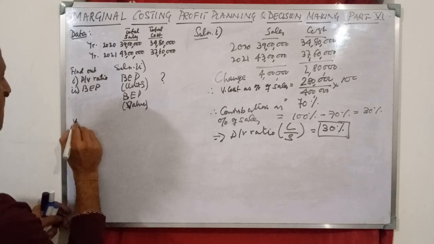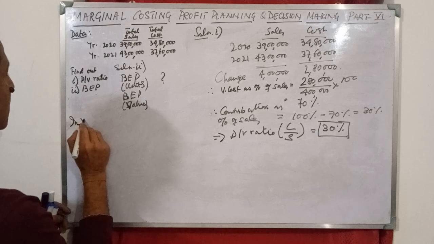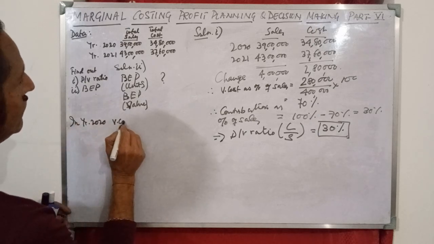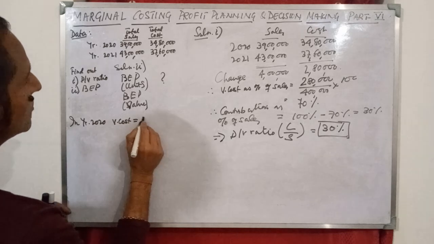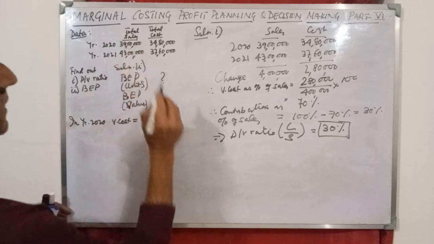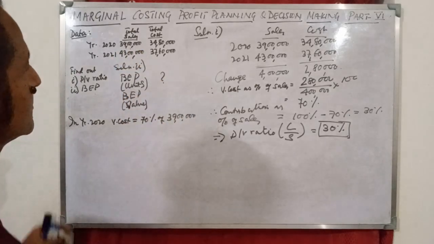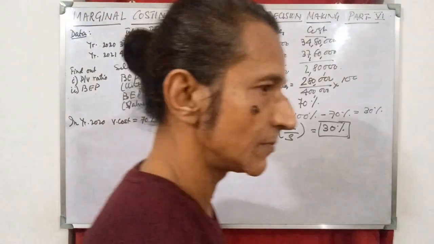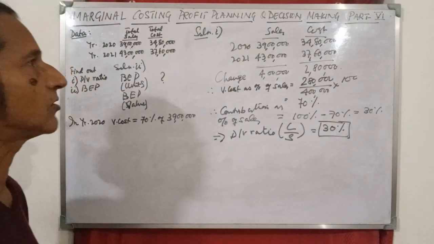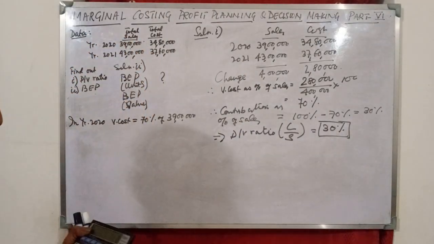The variable cost in year 2020 is equal to 70% of sales, that is 39 lakh. Correct? In year 2020, variable cost is 70% of total sales, that is 39 lakhs.